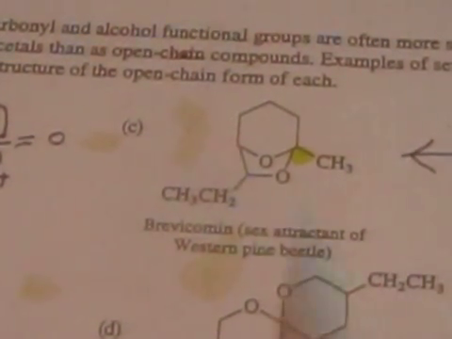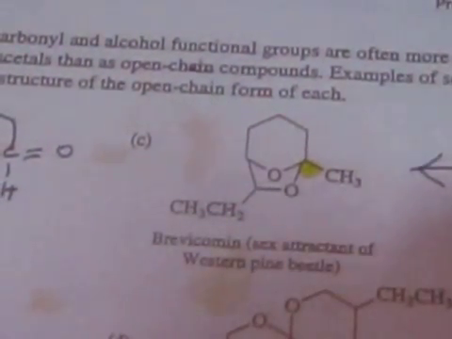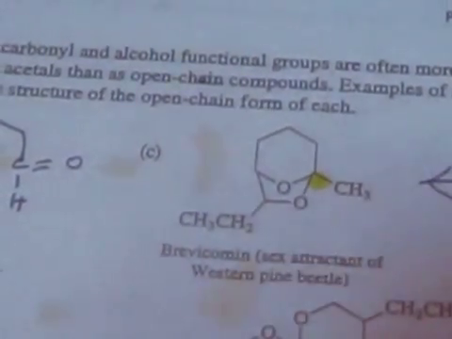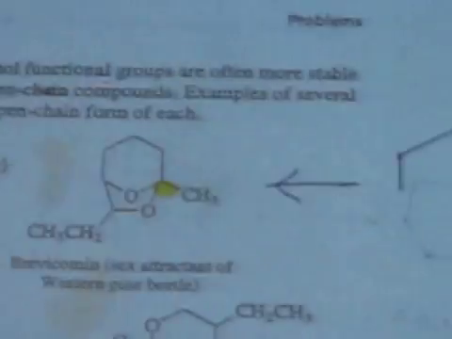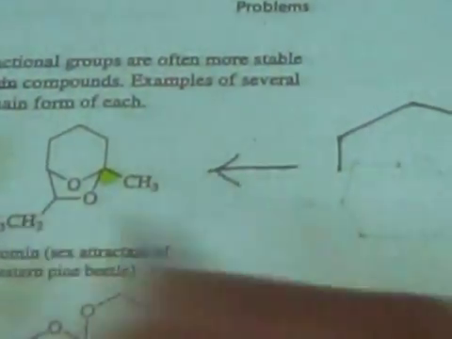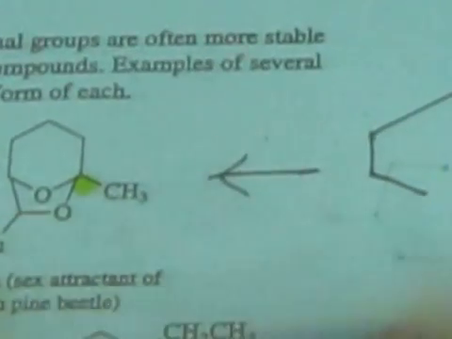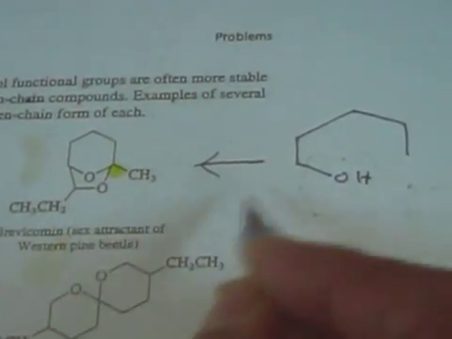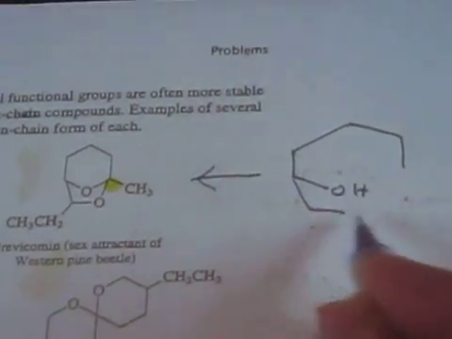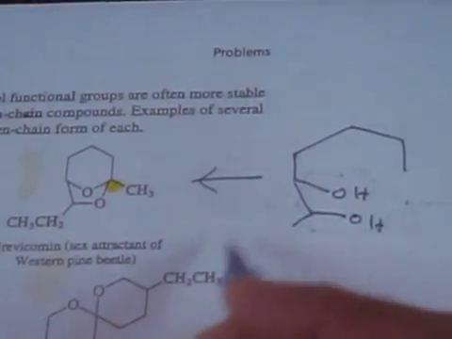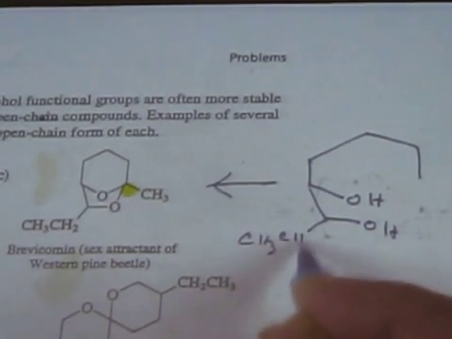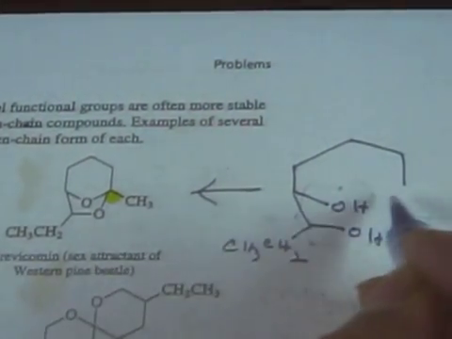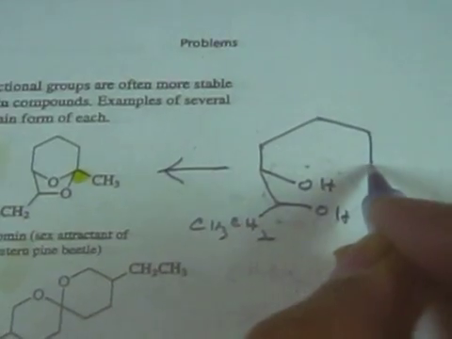Therefore, you know that you can redraw this so that this oxygen becomes OH, this other one is also OH, and this is where the carbonyl was.